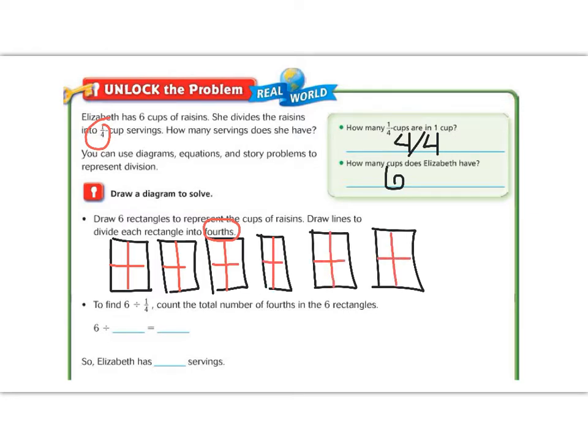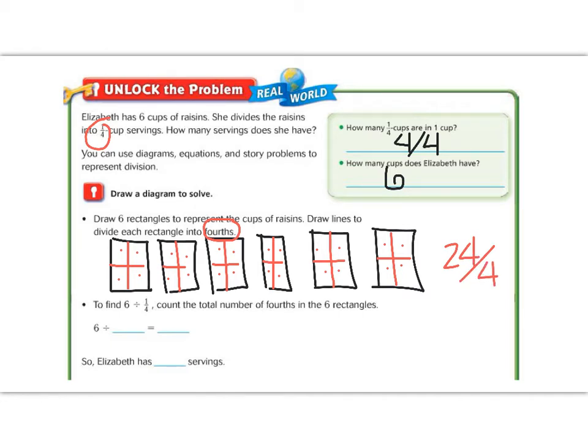Okay, now we're going to find 6 divided by 1/4 and count the total number of fourths. I have 1, 2, 3, and so on up to 24. We have 24 fourths, 24 groups of 1/4.